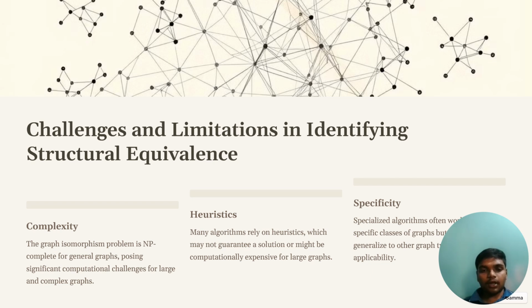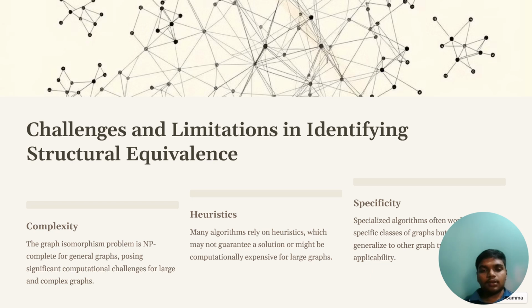This structural identity can be crucial for understanding the properties and behavior of the systems represented by these graphs. For instance, chemical structures: two molecules may have different representations or even different atomic numbering schemes, but if they are isomorphic, they are essentially the same compound.